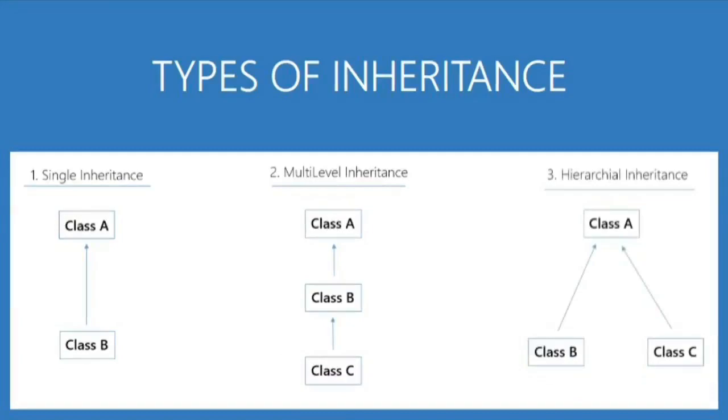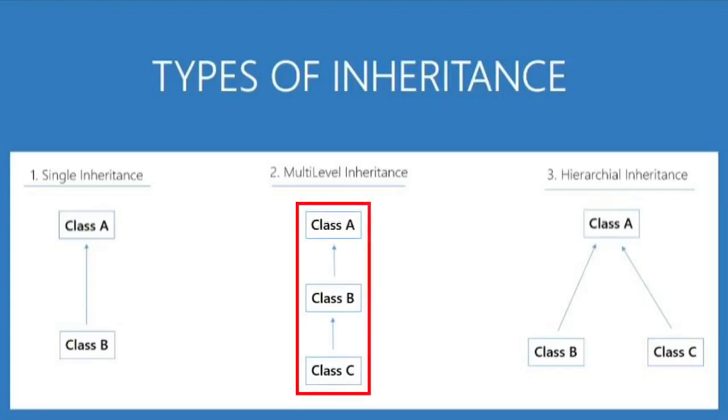As you can see here, in single inheritance, class B inherits from class A, which is our parent class, meaning class B can inherit the attributes and methods. Here in multi-level inheritance, there can be a chain of inheritance. As you can see in this example, class C can inherit class B, which again inherits class A. So there is multi-level inheritance.